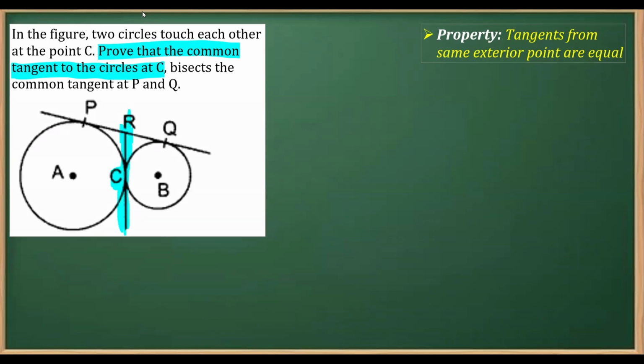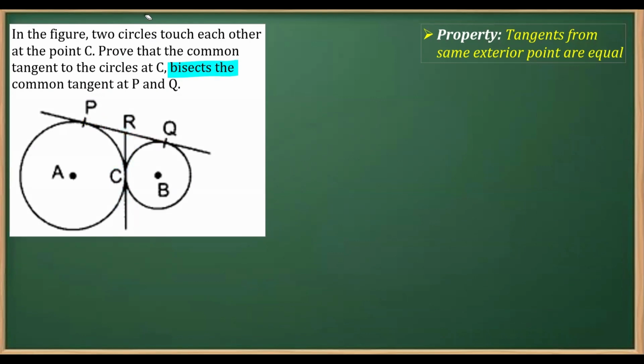Prove that the common tangent to the circle at C bisects the common tangent PQ. So they mean to say that this one, that is CR, is bisecting PQ. In short, what we need to prove here that PR is equal to RQ. This is what we need to prove.